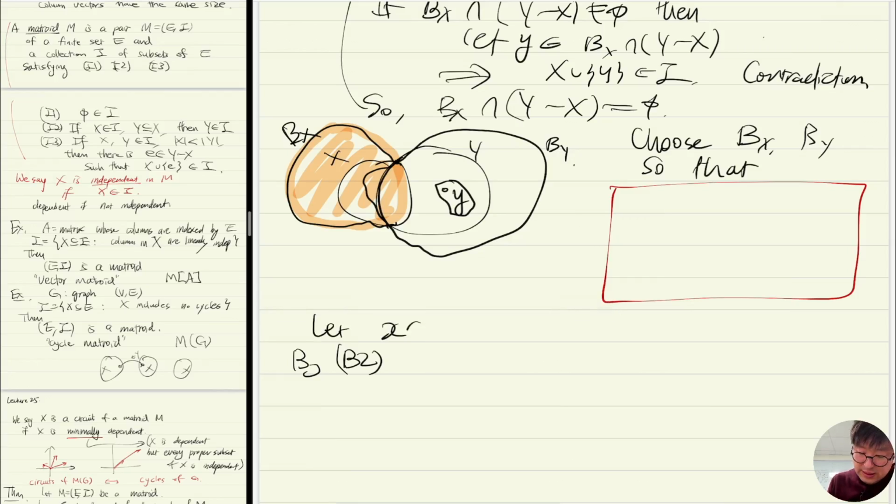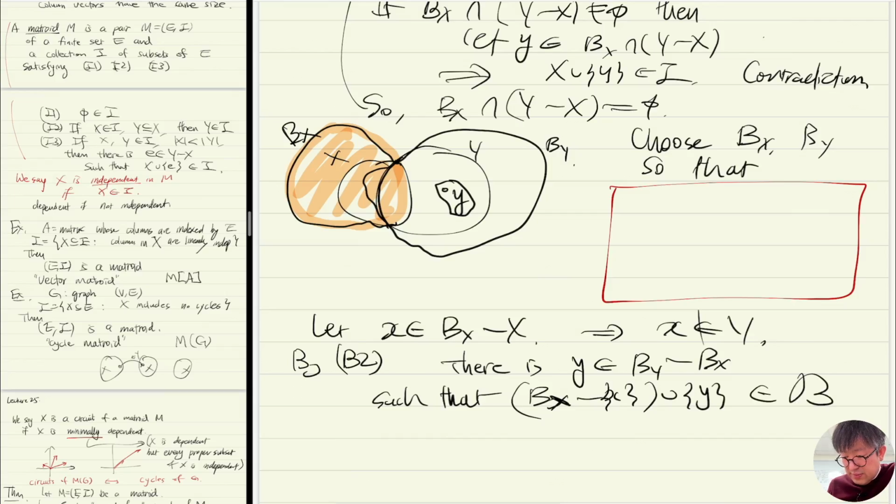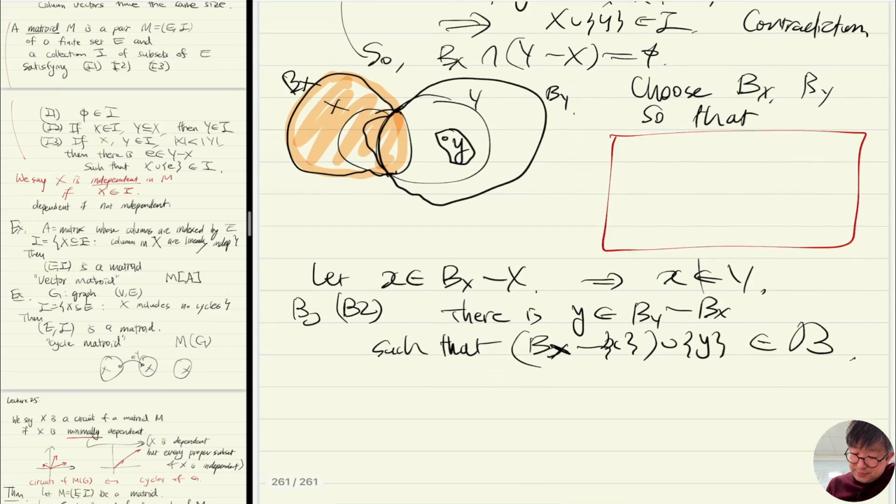So let x be in bx minus x. Then by assumption, x is not in y. Okay. By B2, there is y in by minus bx such that bx minus x plus y, the union y, is in the base. So let bx prime be this thing, bx minus x union y.